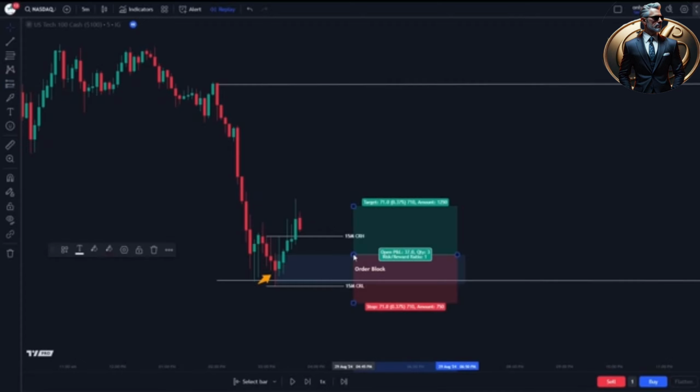I'm going to place my buy limit order at the highest point of this order block and wait for the price to activate it.